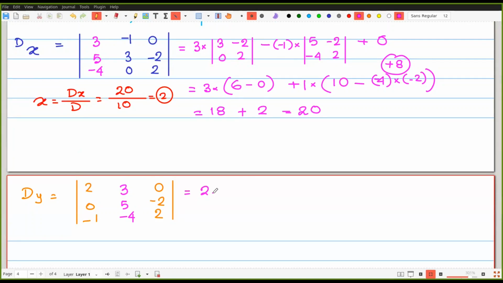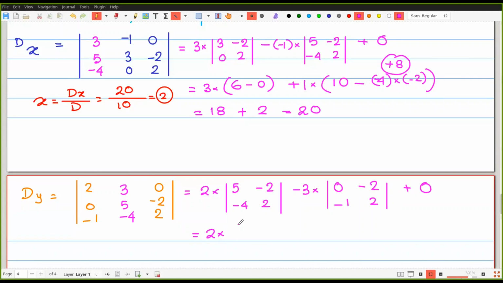Let's check. 2 into (5 times 2 minus (minus 4) times 2), minus of 3 into (0 times 2 minus (minus 1) times 2), and finally the third one is 0.